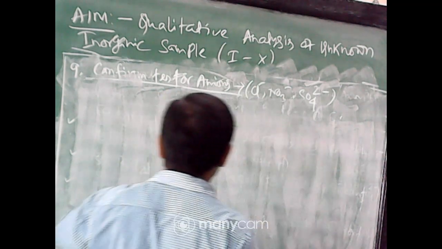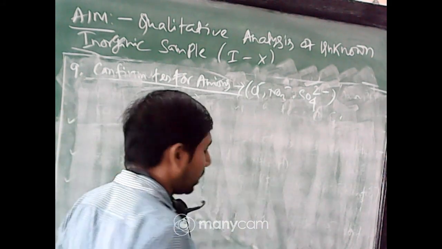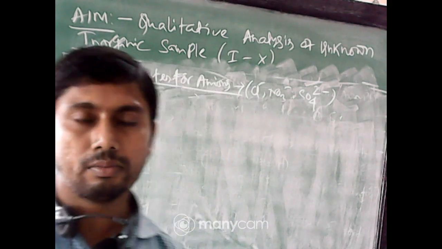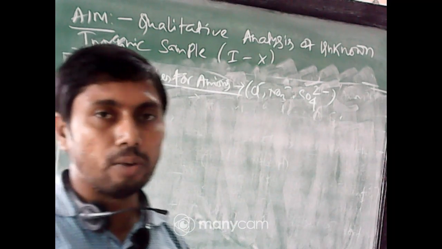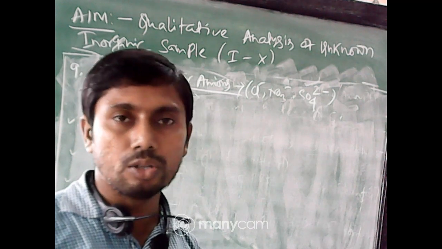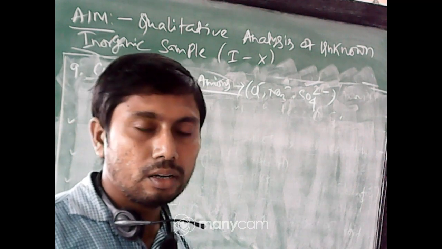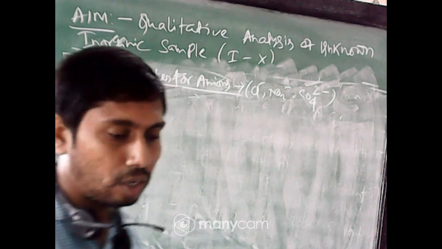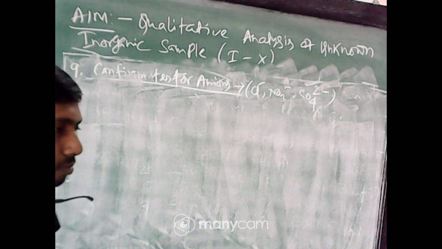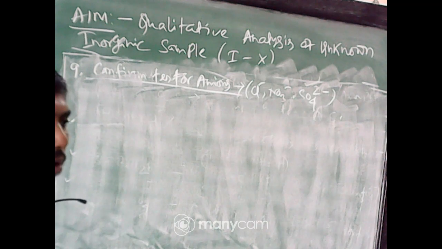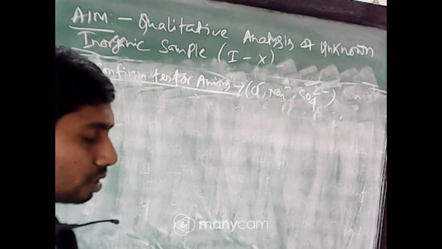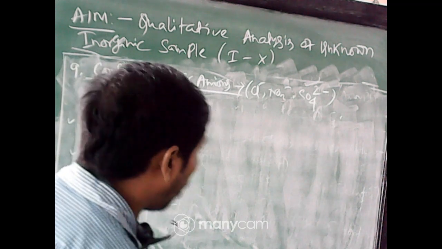Other anions are also there, like acetate, oxalate, bromide, and iodide, but we generally omit them because they may produce problems, as so many compositions then arise.